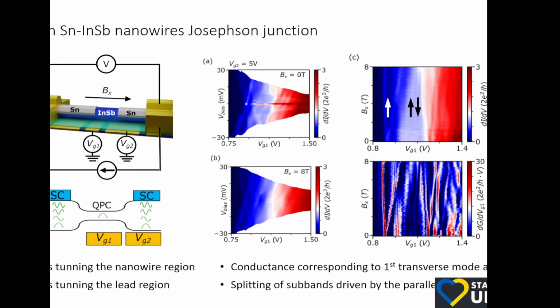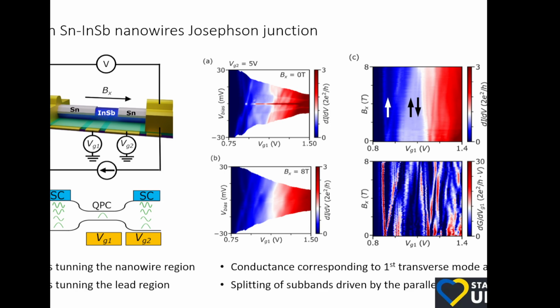If you take a derivative of this plot, you can see the boundaries of these regions. For example, inside this region, there is only one spin transmitting, only the spin up. And you can tell it from the value. This will be 1 times e²/h. Now, not perfect, right?